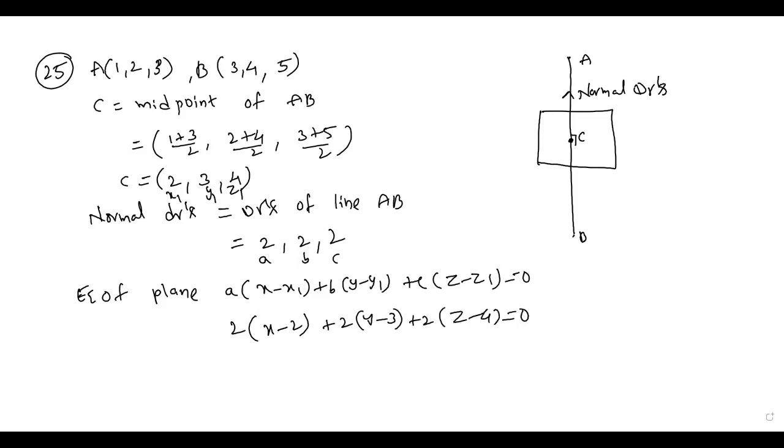You can send 2 to that side because it is common, remaining x minus 2, y minus 3, z minus 4. From this, what can we write? x plus y plus z minus 2 minus 3 minus 4, minus 9, is equal to plus 9. So which option is correct? Option A. You can see option A is the correct one.